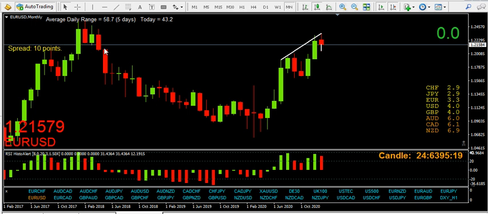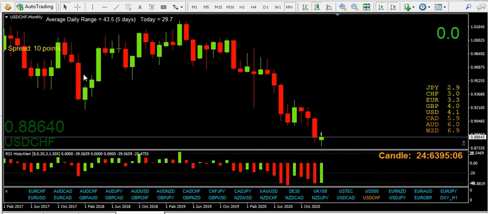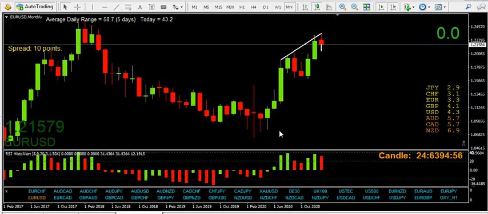A commonly known view was that Euro US dollar used to be the alter ego for Swissy, and as you can see, Swissy is powering down, and Euro US dollar on this monthly chart is pretty much powering up.